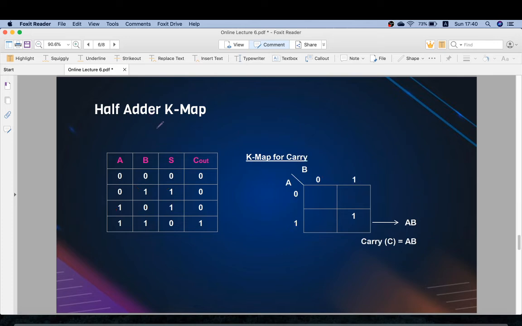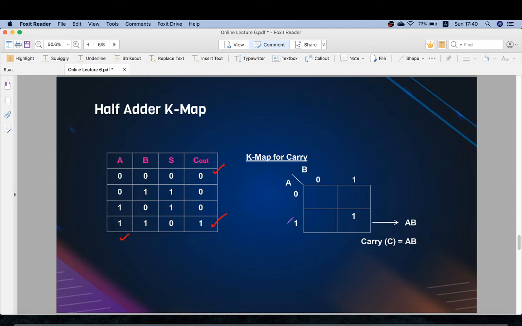Now we will make the half adder K-map for the carry output, C. This is the column for the C output, and here we will also solve it with respect to SOP. According to SOP, we will take only the 1. The only 1 is where the input A and B is 1 and 1.